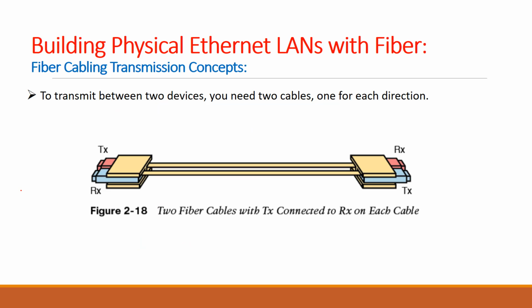To transmit between two devices, you need two cables, one for each direction. We have a transmitting port and a receiving port. We use two cables, one connected from the transmitting port to the receiving port on the other side, and the other from the receiving port to the transmitting port.